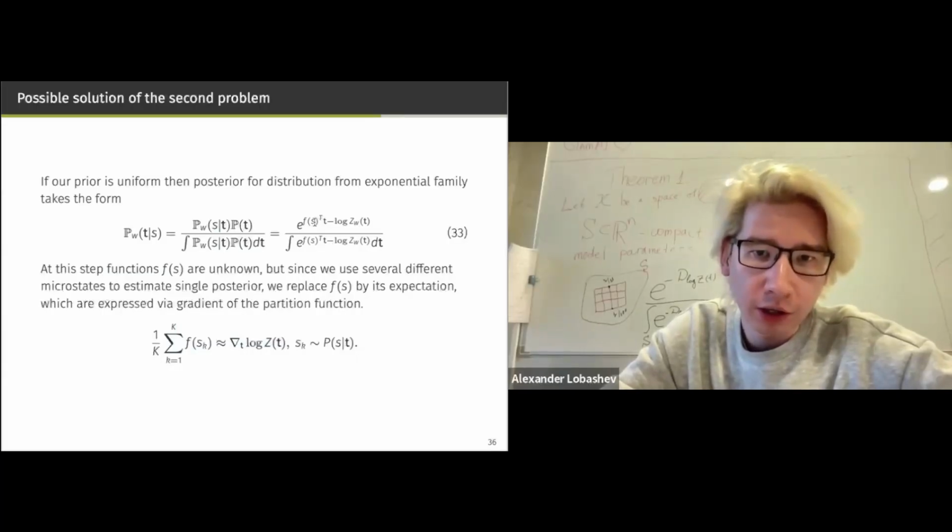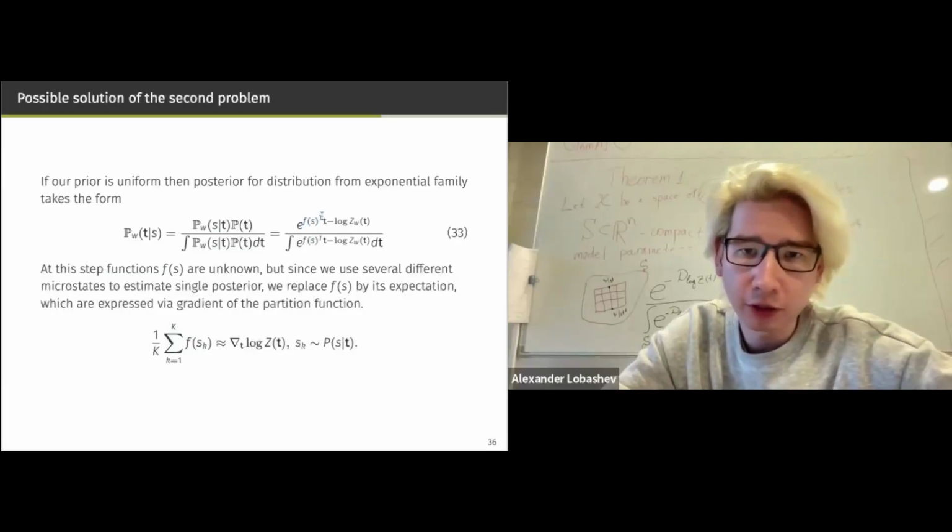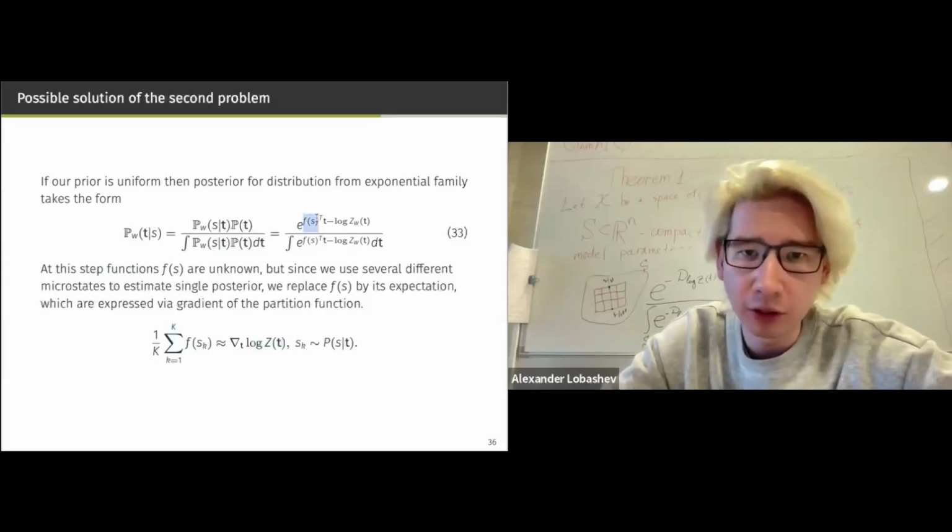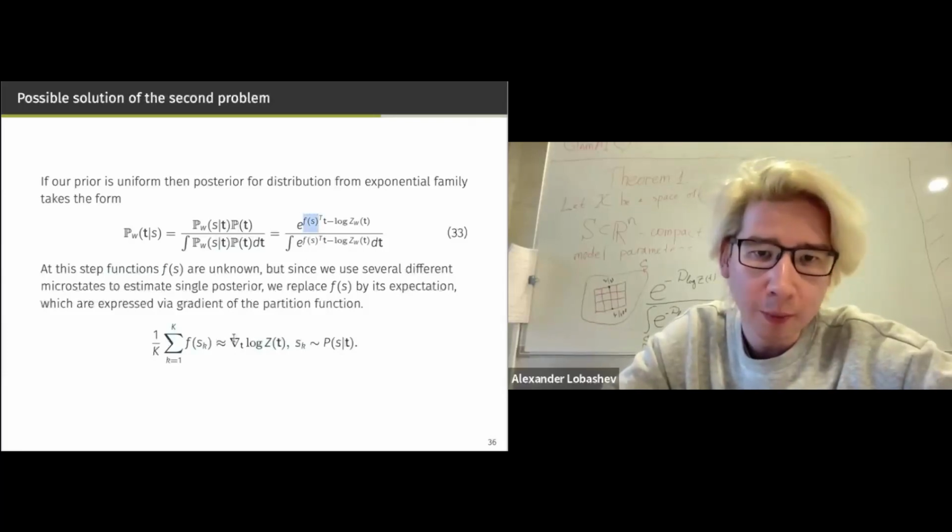So if we take this value and average it, this part could be replaced with the gradient of log z.